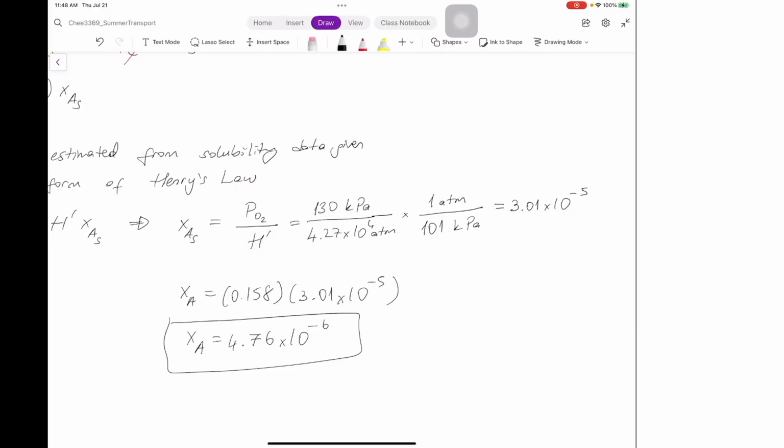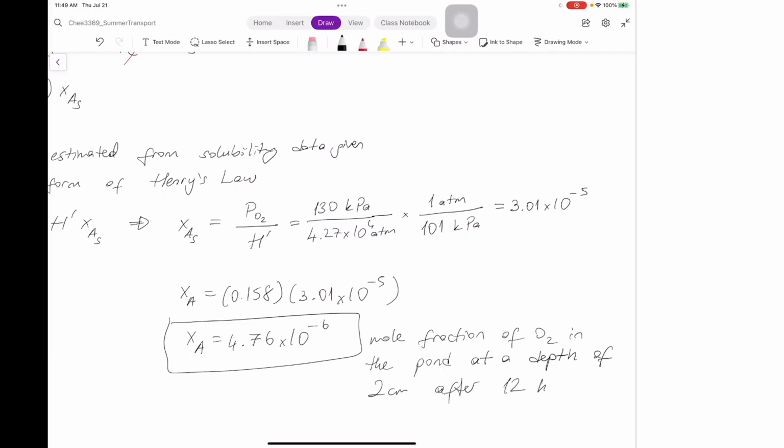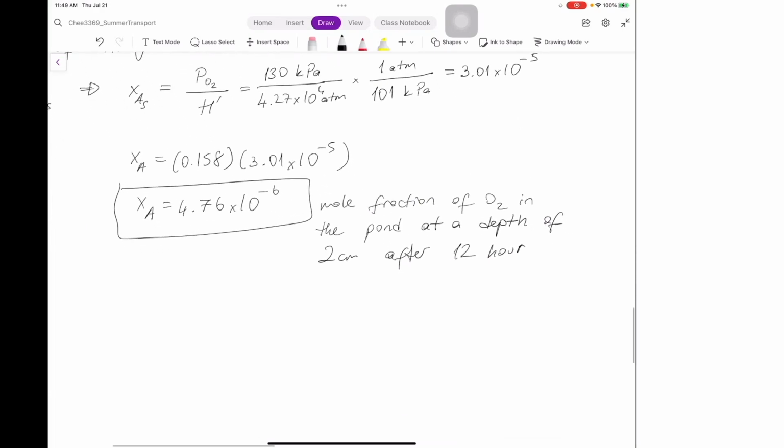This is the mole fraction of oxygen in the pond at a depth of 2 centimeters after 12 hours of exposure.